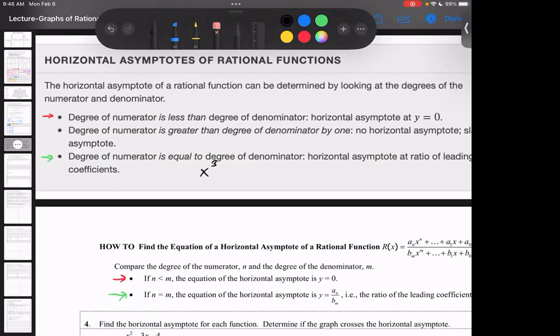Say if I have x cubed on the top and x squared on the bottom, what is it equal to if you reduce it down? It's x, right? What happens when x goes to infinity? Infinity. We cannot have y go to infinity. This doesn't make any sense, right? So no horizontal asymptote.